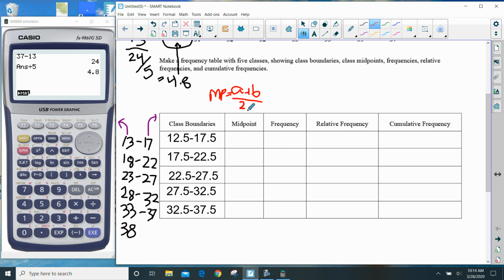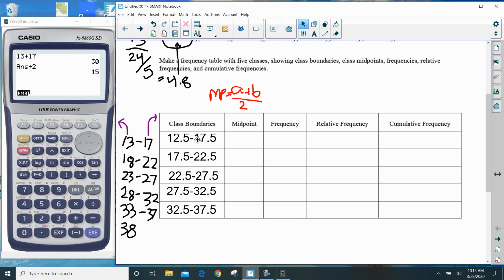So in this first category, I go a plus b. I can use these numbers or I can use these numbers, it's the same difference. So 13 plus 17, for instance, divided by 2. The midpoint is going to be 15.